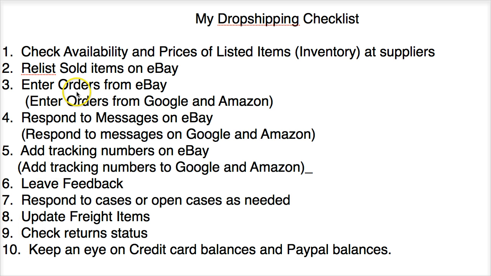So first thing I do, I check availability and the pricing of the items that I have listed at my suppliers. I shared with you on a previous video one pretty easy way of how to keep track of what's still in stock with Amazon. So go back and take a look at that video.